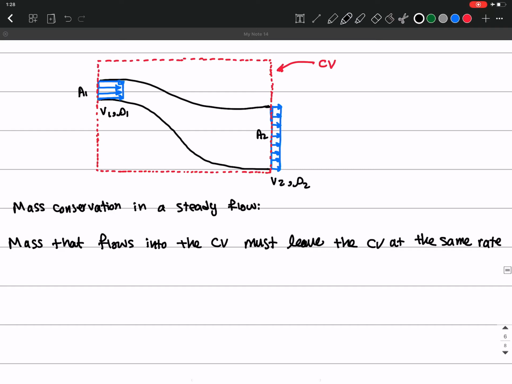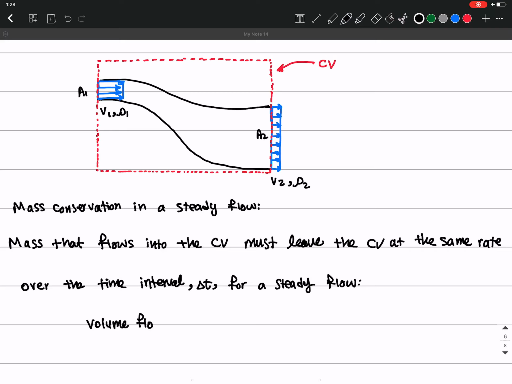So over the time interval delta t, for a steady flow again, the volume flow that goes into the CV is how much?